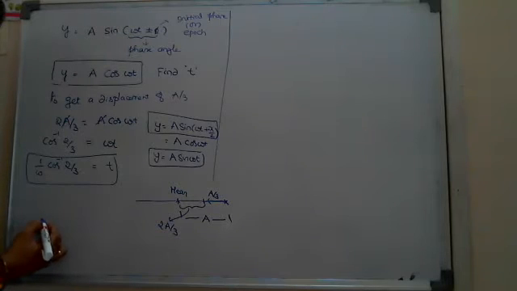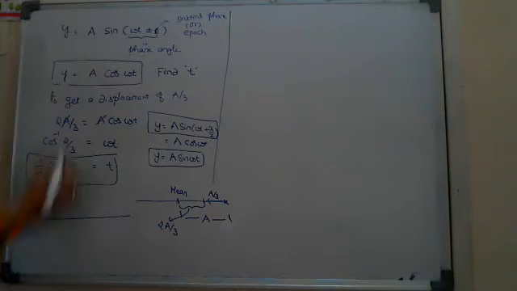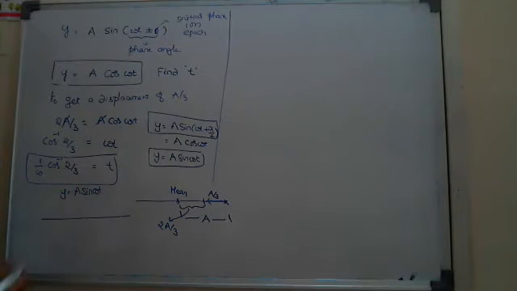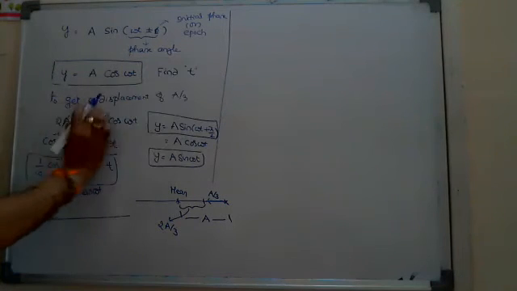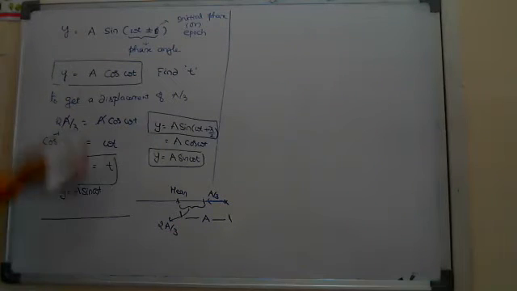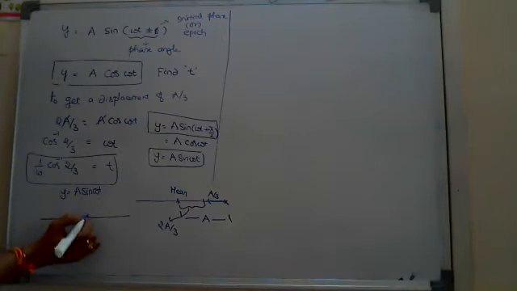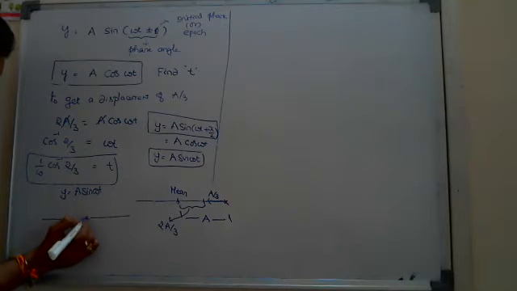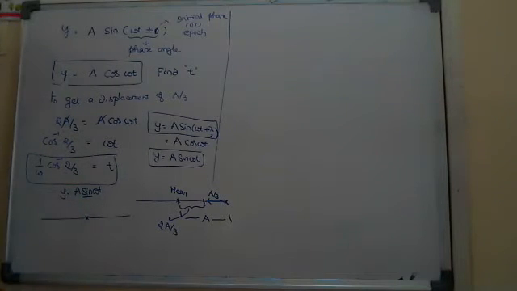Same question. If I ask y is equal to a sin omega t is the displacement of the particle, find the time taken to get a displacement of a by 3, it will be an easier question compared to the previous one. Here y is equal to a sin omega t, which means it started from the mean position, because it is a function of sine.